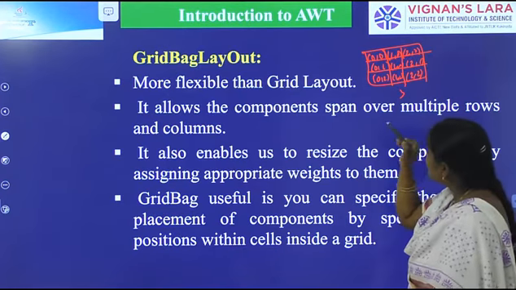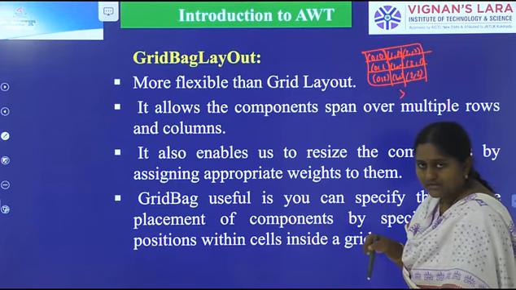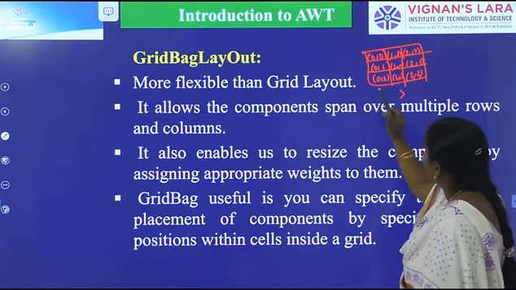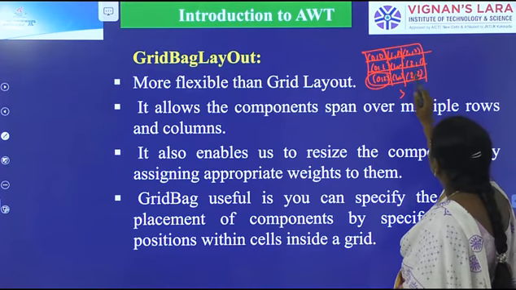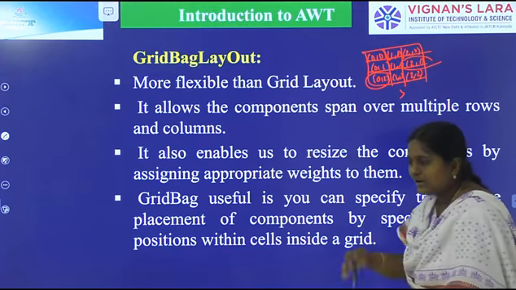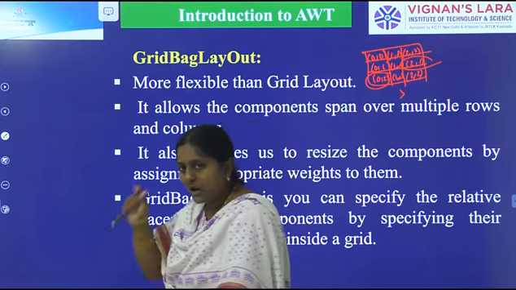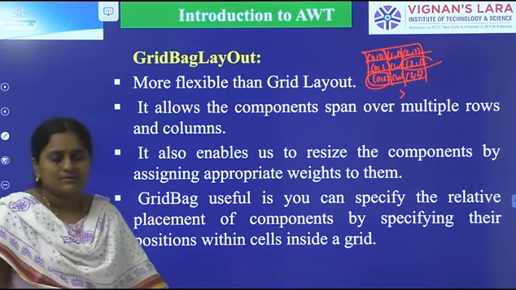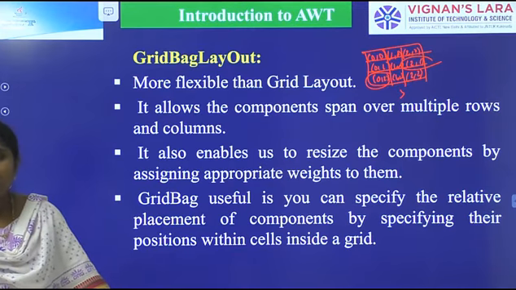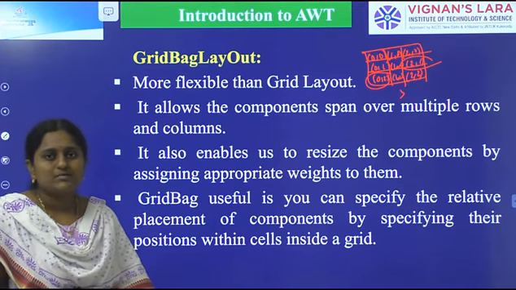If you want to place a particular component in a particular place, suppose I want to put one component in the 0,2 position, or suppose I want to put one component in the 2,1 position. So it is flexible to place a particular component in a particular area. Then we can choose grid bag layout. So compared to grid layout, grid bag layout is more flexible.